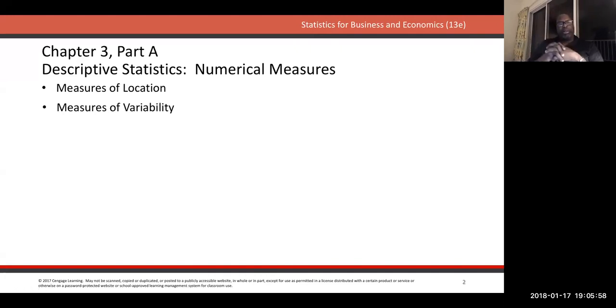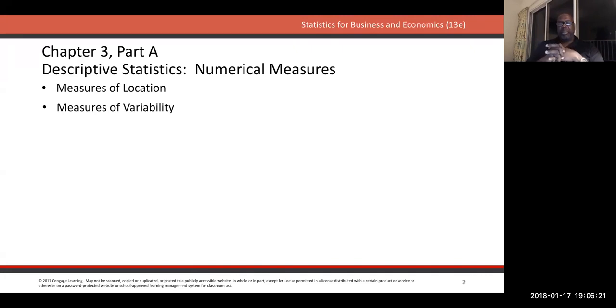Today we want to talk about the topics covered in chapter 3, which has to do with basic statistics or descriptive statistics. In particular, we want to talk about measures of location and measures of variability. Some of those things, like mean, median, and mode, I'm pretty sure you're familiar with from high school.